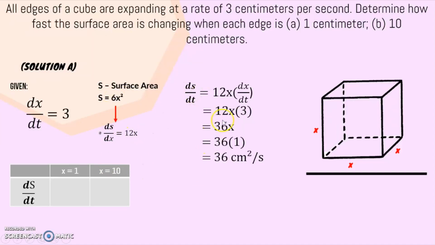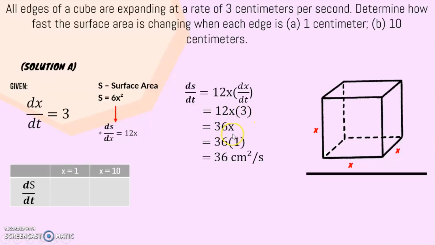We get 12x. So we have dS/dt is equal to 12x times dx/dt, applying chain rule or implicit differentiation. Then, after that, we can plug in the value of dx/dt, which was given. So we have 12x times 3. We simplify this part, therefore having 36x.